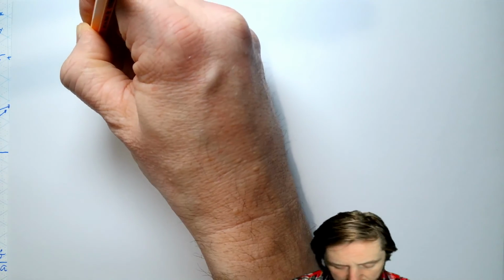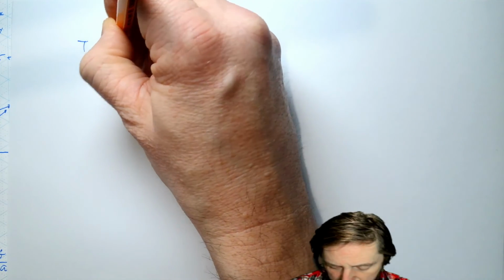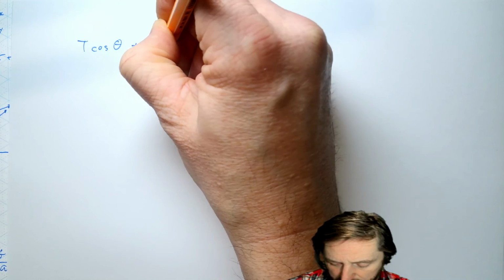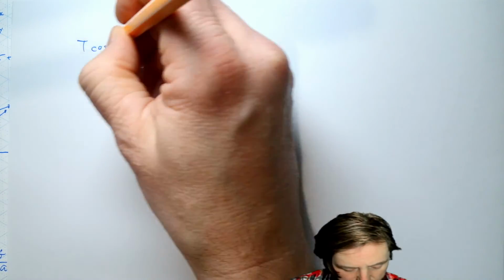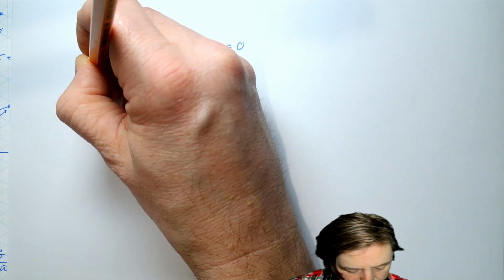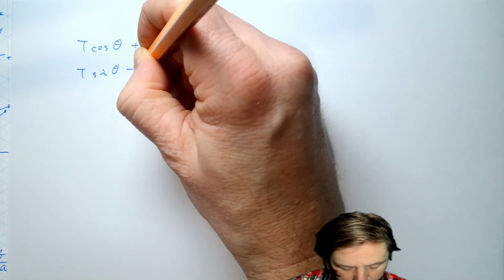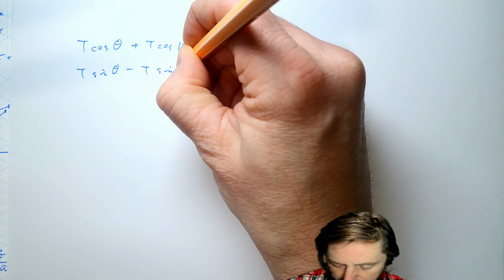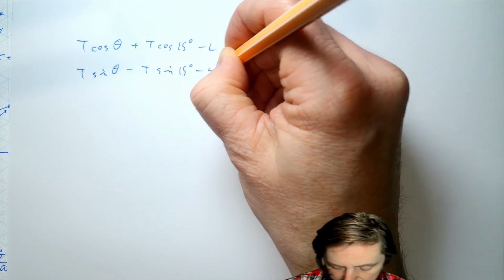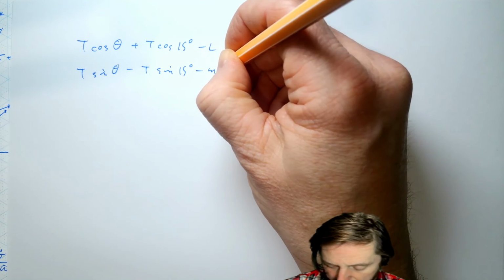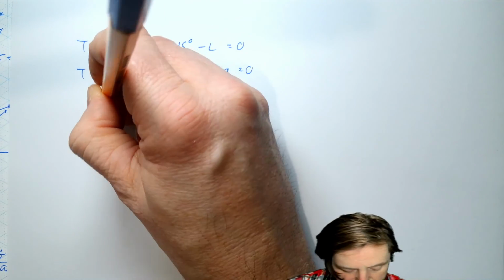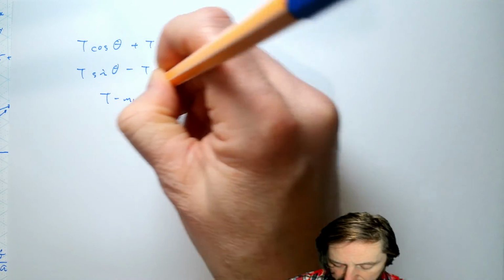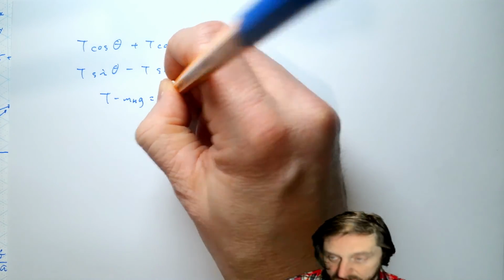We're going to have T cosine theta plus T cosine 15 degrees minus L equals 0, T sine theta minus T sine 15 degrees minus m_L g equals 0, and T minus m_H g equals 0.